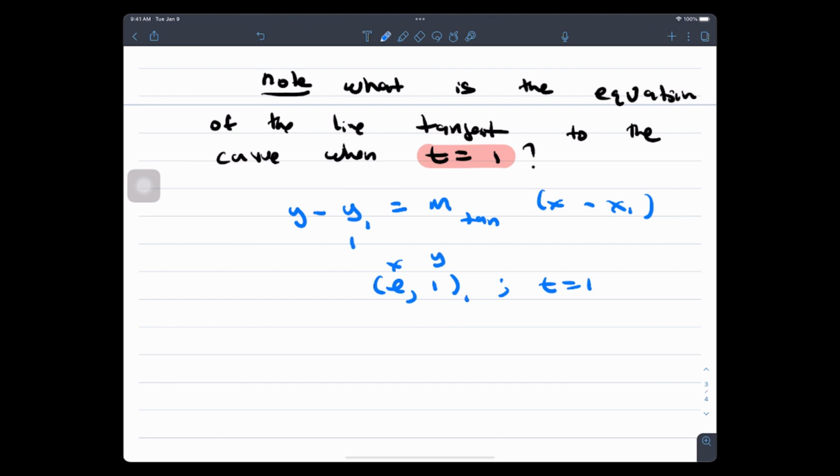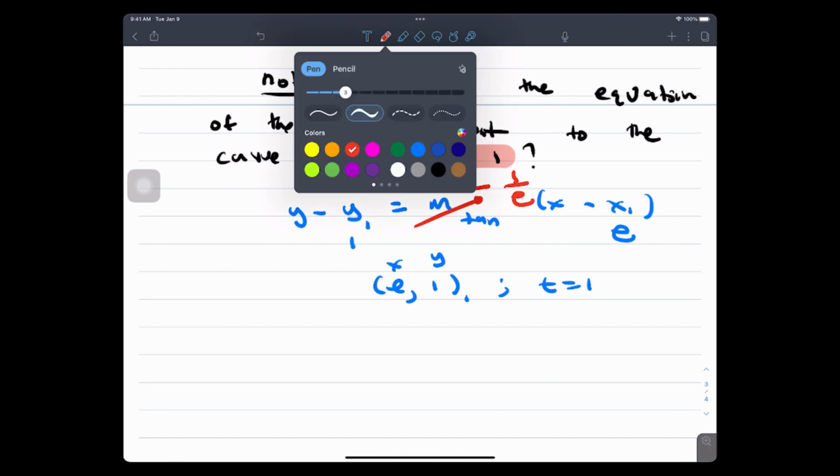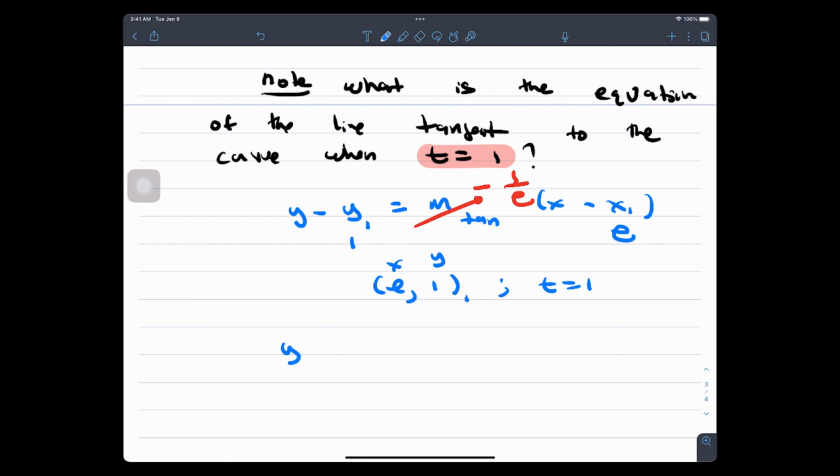So this number is 1, and this number is e. What is m tangent? You found that already. m tangent is negative 1 over e. So y minus 1 becomes negative 1 over e times x minus e.